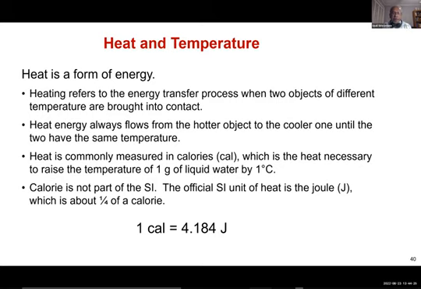Calorie is not a part of SI units. The SI units are kilograms, liters, Kelvin, those we talked about. Those are the 6 base units. Heat is expressed in joules, not in calories.